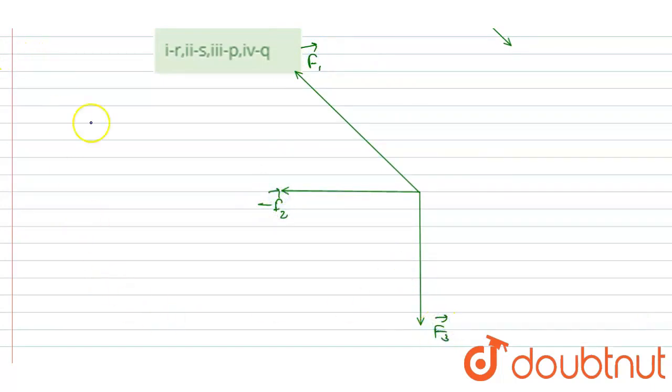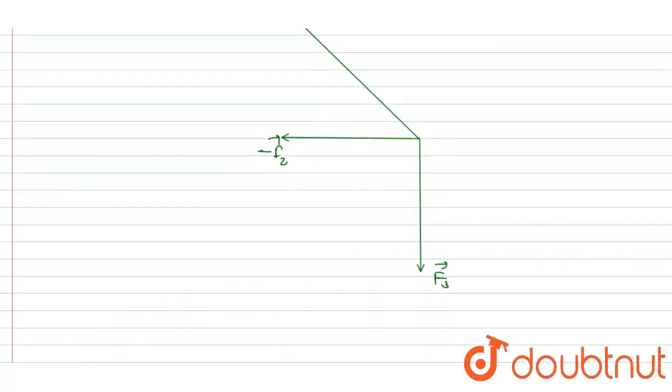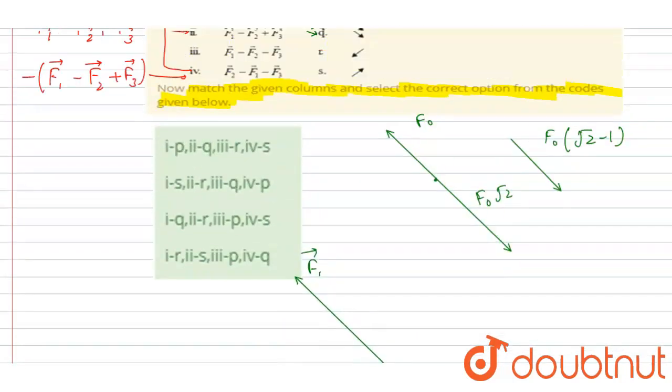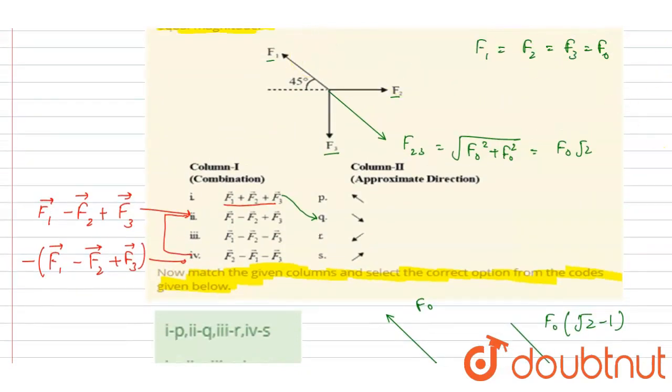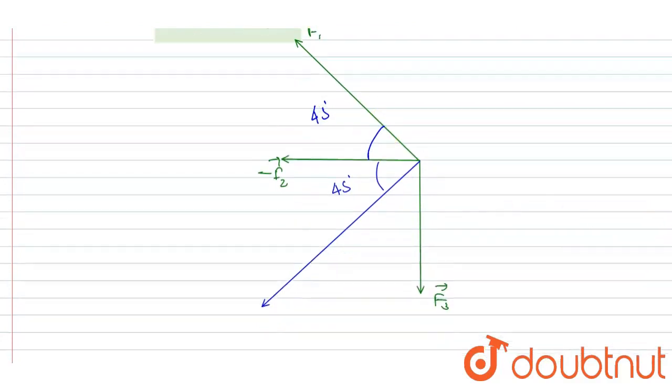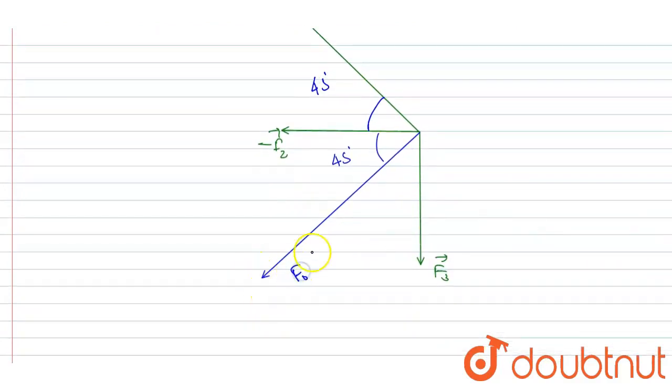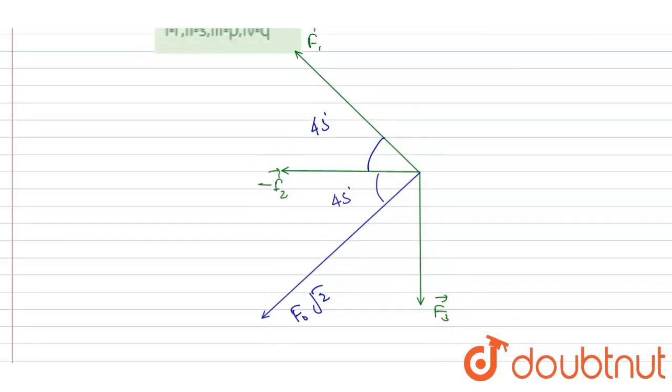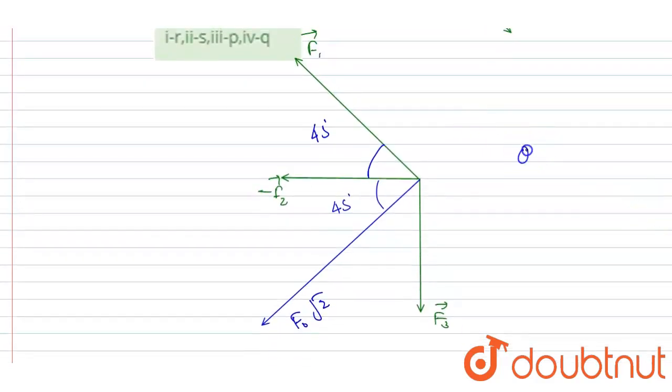Now again, as I told you, the resultant of these two will lie at the bisector like this, and it will be at 45 degrees from this. And if you see here, this angle is also 45. And the magnitude of this will be F0 root 2, as we already calculated earlier, right? So A plus B and A minus B will have the same magnitude, since theta is 90 degrees, right?